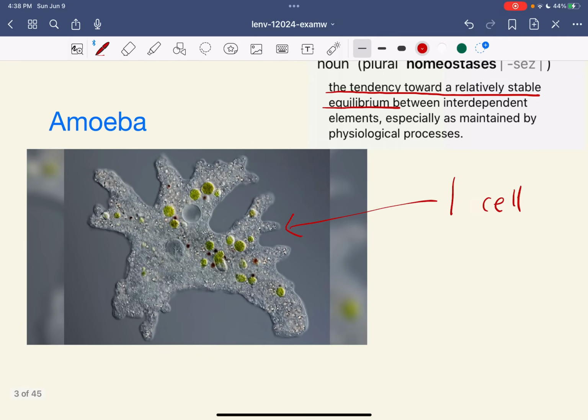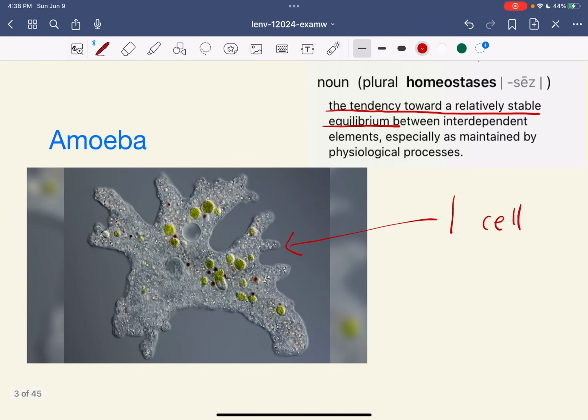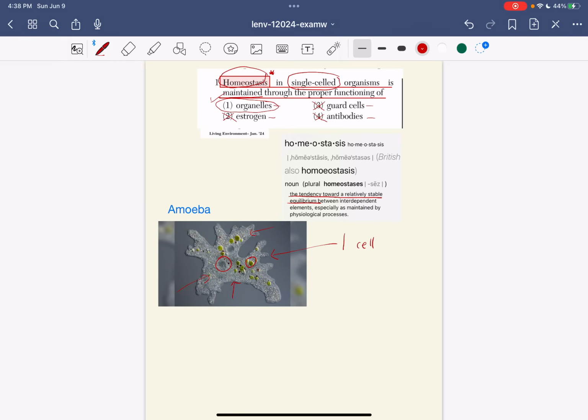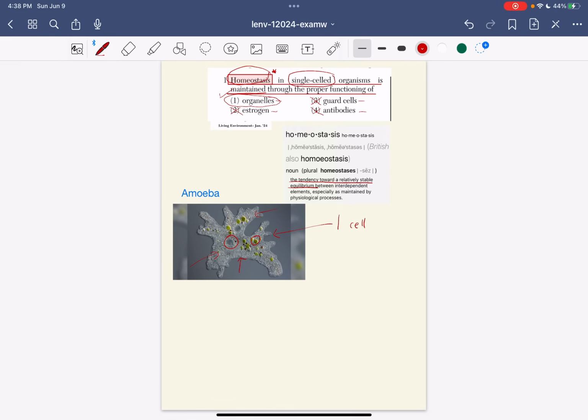One-celled organisms function on organelles. So you'll have the nucleus, the chloroplast, the cell membrane, the cytoplasm, the lysosomes, the vacuoles. All of the organelles work together in this amoeba to make sure that it is at homeostasis, that it's living and going through all the biological life processes that it needs to go through. So the correct answer for number 1 is 1, organelles.